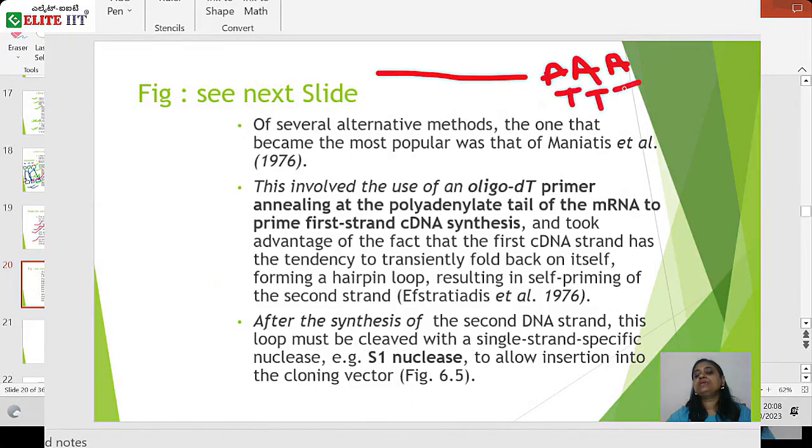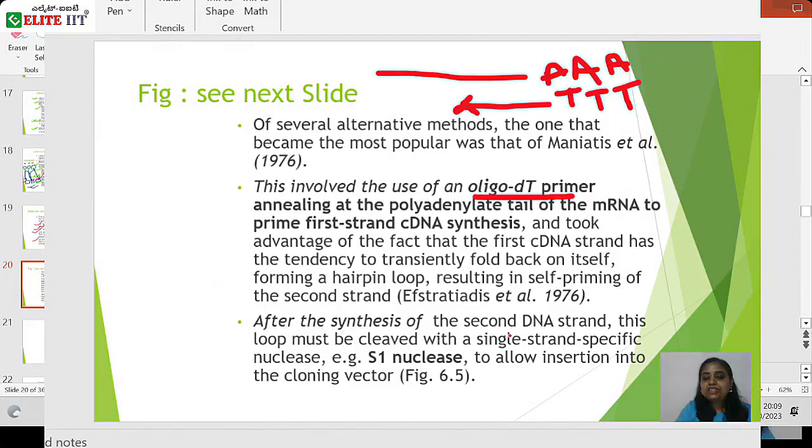So easily you can construct this primer. So now there will be replication. So in this case, you just add oligo dT primer in order to make double-stranded DNA. So this involves the use of an oligo dT primer annealing at the polyadenylated tail of the mRNA to prime first strand cDNA synthesis. Okay.